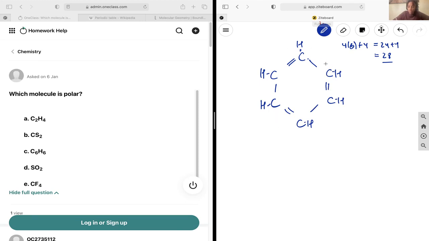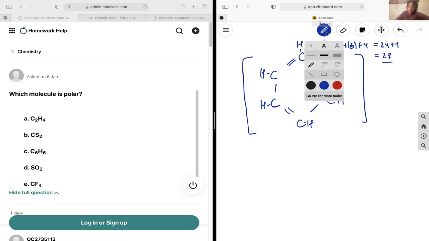And so we see all of our electrons are accounted for. And so this is going to be our Lewis structure. Then let's find out the molecular geometry. It's benzene, so it's just going to be a planar ring. And if you actually draw all of the dipoles, they should all cancel.